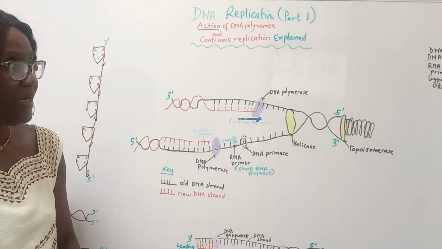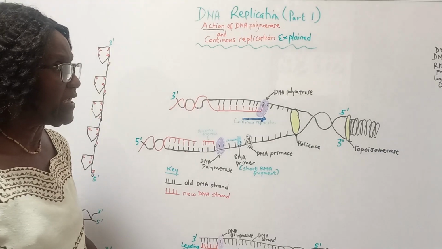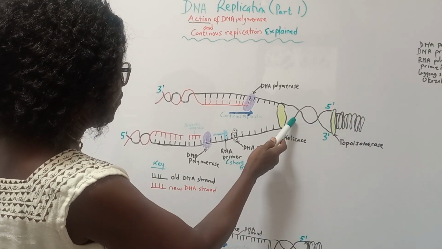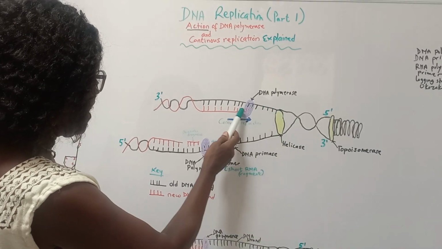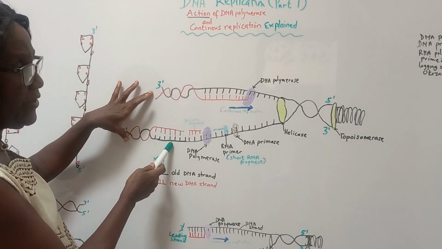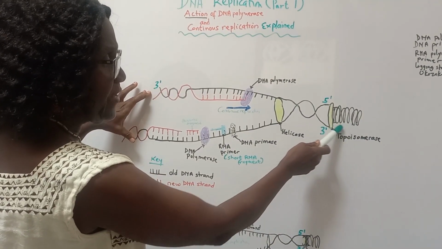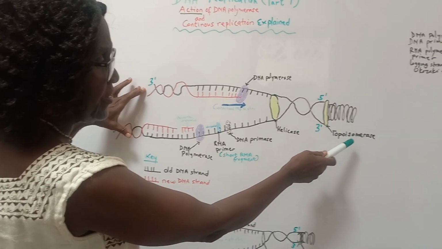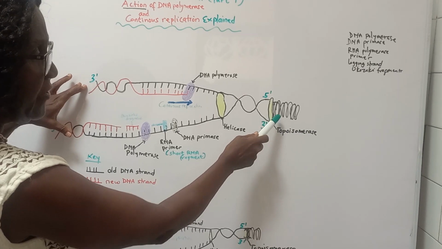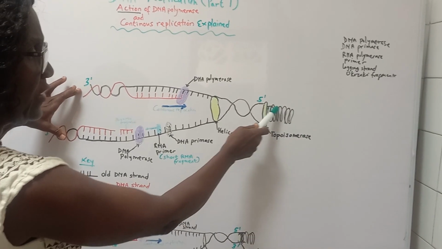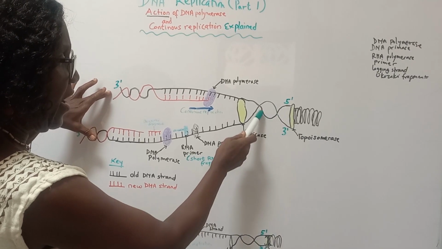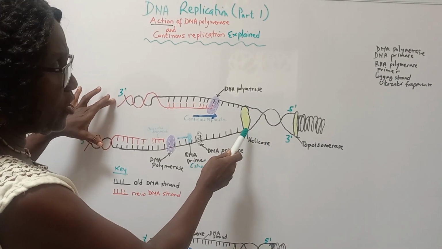Welcome to part 1. In DNA replication, we have one DNA molecule duplicating into two DNA molecules. DNA is supercoiled and the enzyme topoisomerase relaxes the supercoiled DNA and exposes the double helix to be copied.